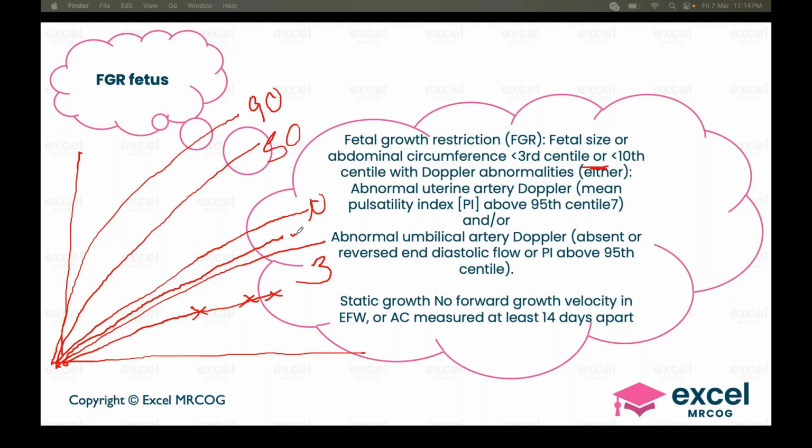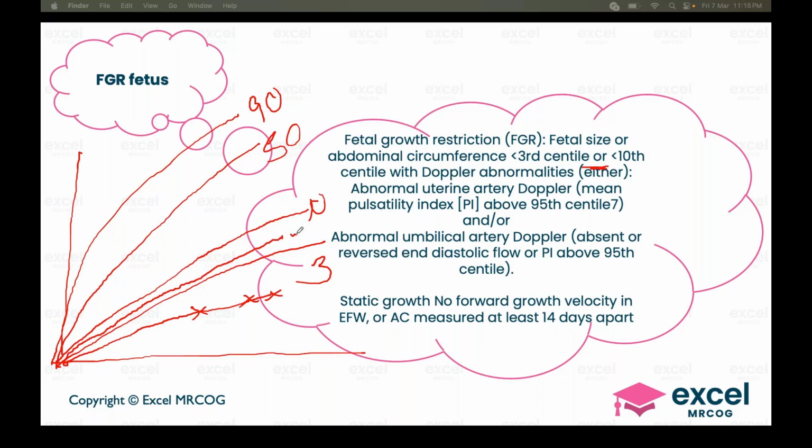Pulsatility index is nothing but the index that tells us about the resistance to flow. Higher the PI, greater is the resistance to flow. So if there is PI greater than 95th centile in the uterine artery or and abnormal umbilical artery Doppler, that is either absent, reversal, or PI above the 95th centile.